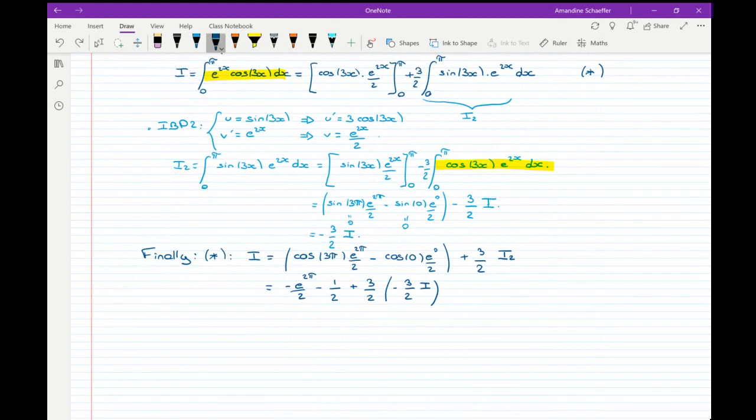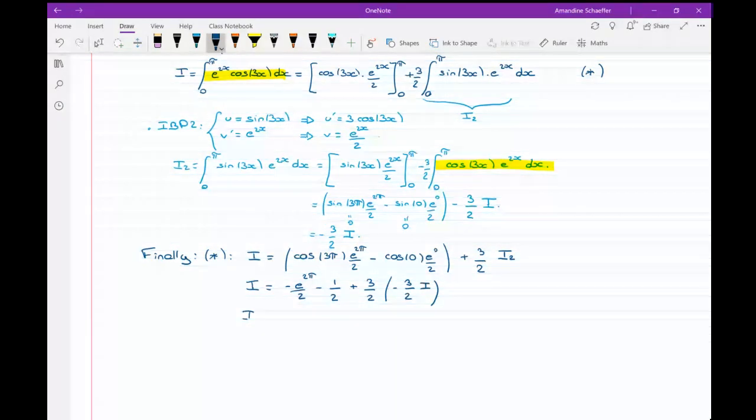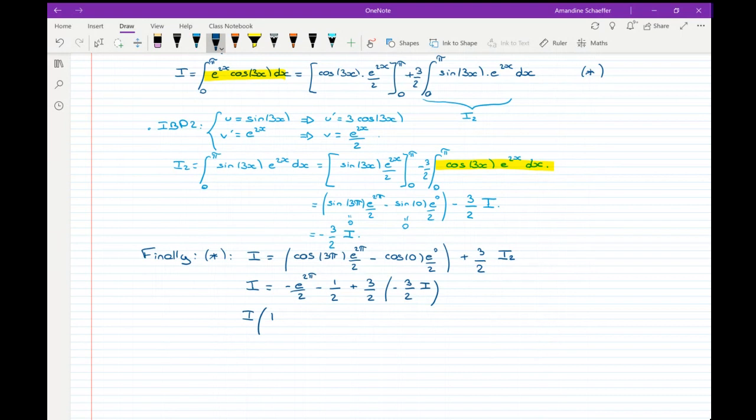Okay, and now I get an expression with I. So the idea, of course, is to factorize I. So on the left-hand side, I had 1. On the right-hand side, I had minus 9/4. So it's going to be a plus, equals negative, well, you can factorize everything. So exponential 2 pi plus 1.